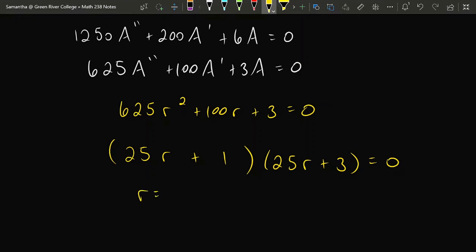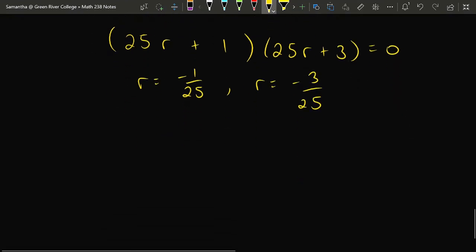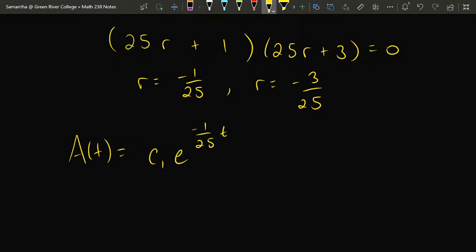So that would mean that r was equal to negative 1 over 25, and r was equal to negative 3 over 25. So our a of t is equal to the solution to this homogeneous ODE, c1 e to the first root plus c2 e to the second root.